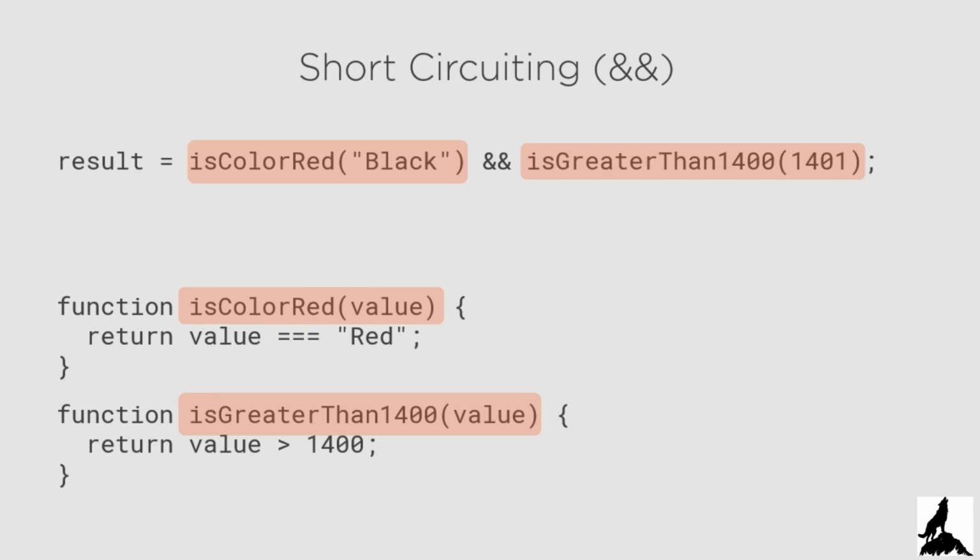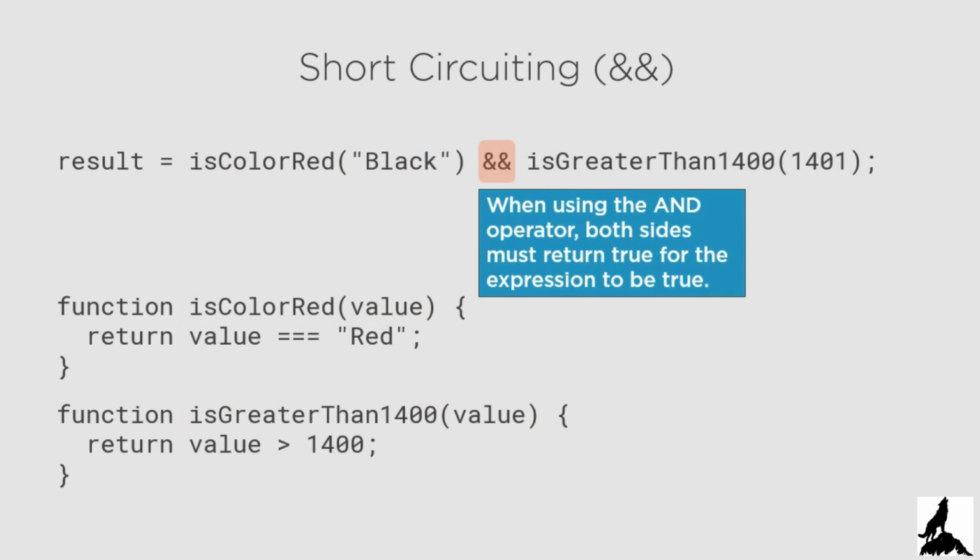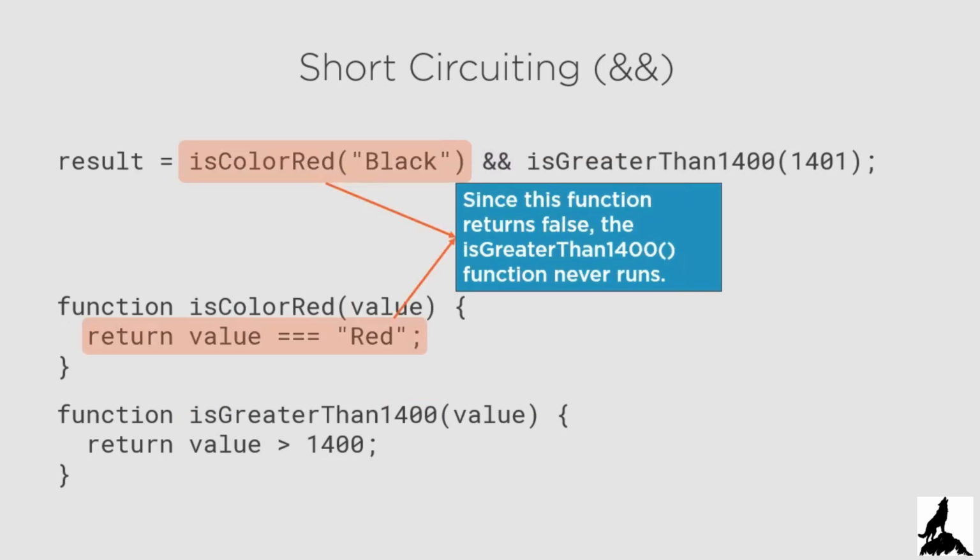Now, remember, an AND says both sides must equate to true. We know that the first one is not going to, right? So when we're using the AND operator, if both sides must return true, but the first one doesn't, well, why should it even run that second expression? And that's exactly what happens, and that is short-circuiting.